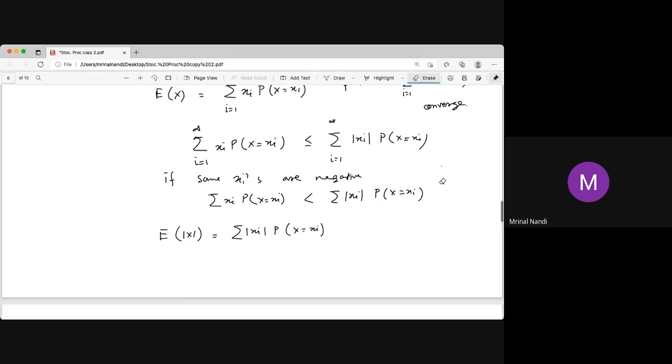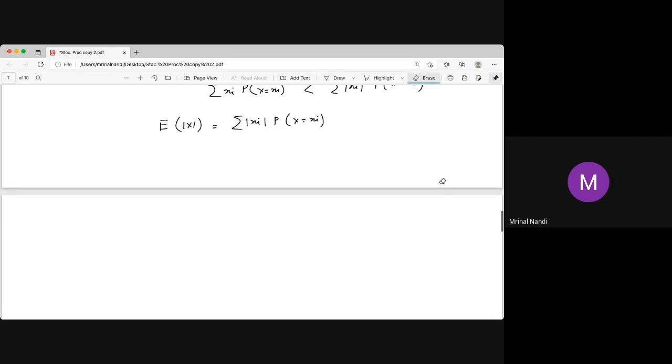So this is the definition of expectation, and the more general expectation is defined like this: expectation of g(X), where g can be any function from real to real. Obviously, it must be a Borel measurable function.